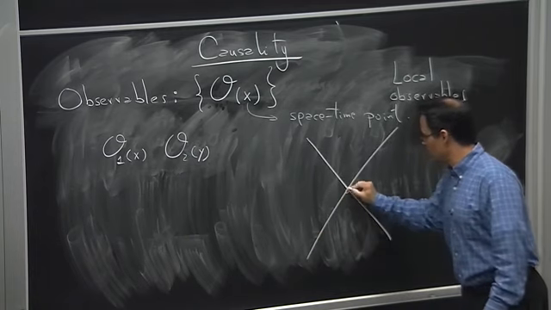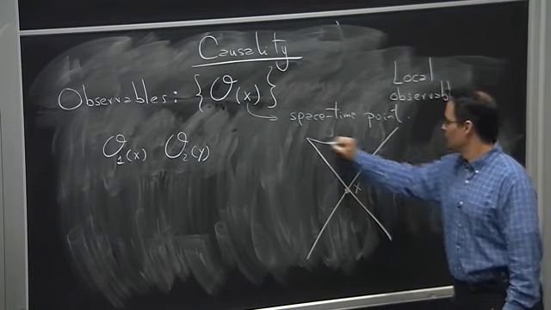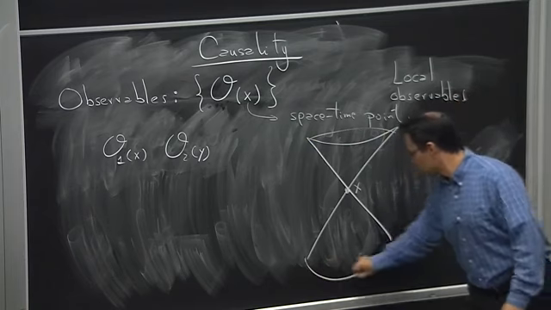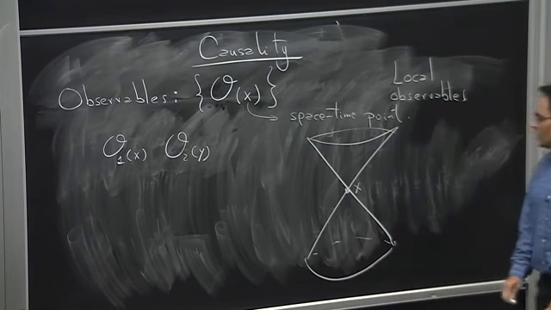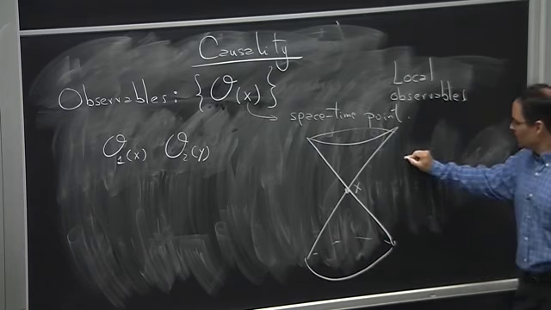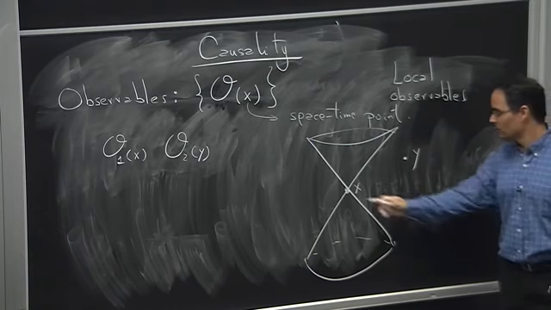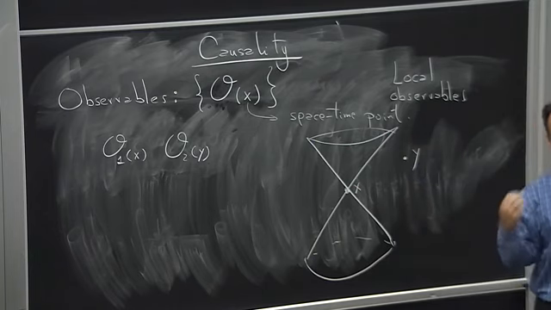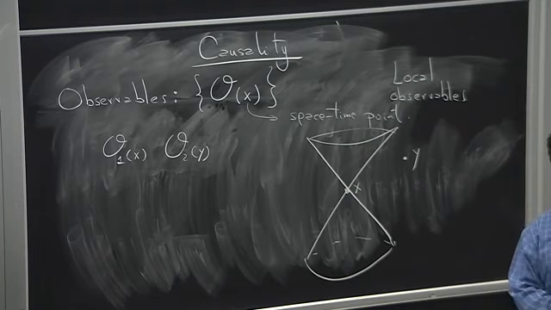Imagine that we have the point X here. This is the light cone. Imagine that Y is somewhere here. If these two operators are observable, it means that we should be able to diagonalize them simultaneously, so we can measure them simultaneously, right?